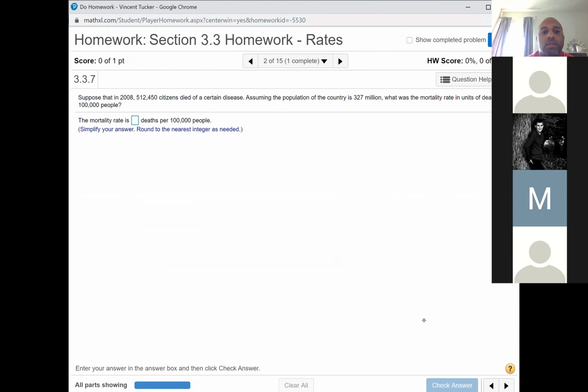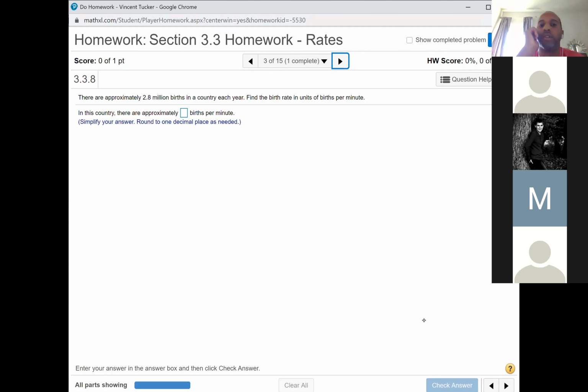All right, so let's look at the third one. There are approximately 2.8 million births in the country each year. Find the birth rate per minute. Awesome.